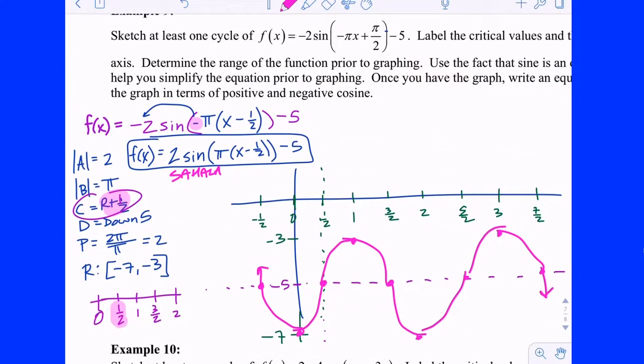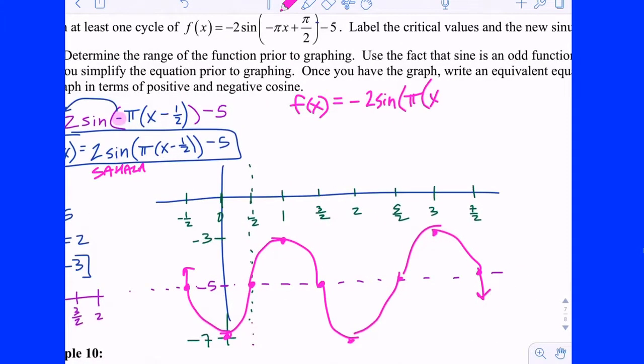So if you want to get them laid out here, f of x is going to equal, let's go ahead and do a negative sine. So it'll be a -2 sine, parentheses, pi, x plus or minus something, -5. f of x equals, what do you want to do next? We have to do the cosine. Do you want to do positive or negative first? Positive. So +2 cosine pi times x plus or minus something -5.